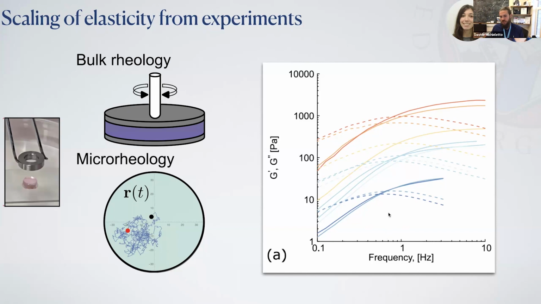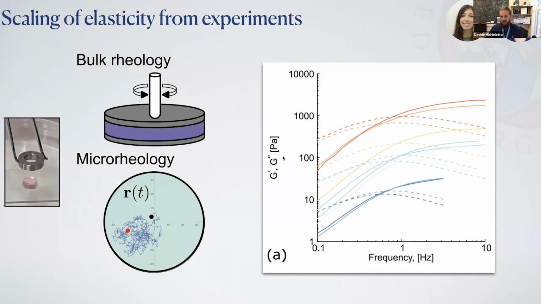Sorry, this is a concentration. So let's take this red curve here, for instance. What these curves are showing is that if I rotate my plate at a frequency of 1 Hertz, so 1 spin a second, at a certain amplitude, typically a small amplitude to keep the material not too disturbed, I measure a stress of, let's say, 1 kilopascal.